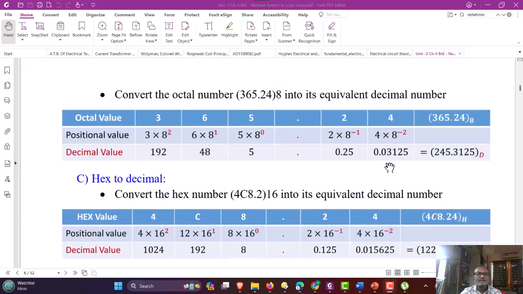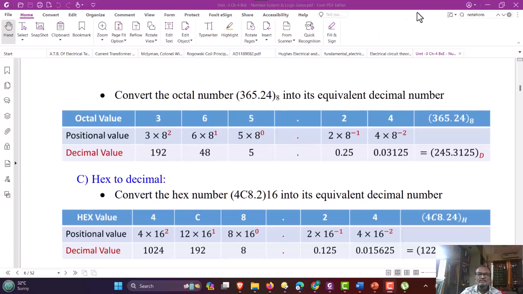Let us have another example, octal into the corresponding decimal number with a fractional value also. 365.24 octal is converted to the corresponding decimal number.